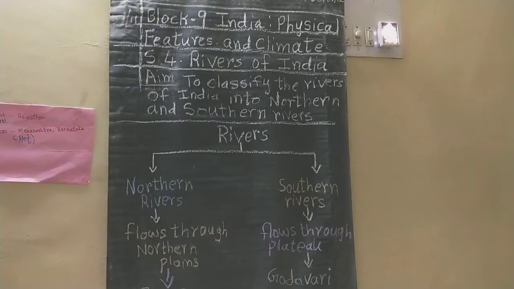You know, I showed you the plains, and finally mixes into an ocean or sea. Okay. Now, most of the rivers of the northern states originate from the Himalayas. It starts from the Himalayas. Then they move to the plains where they are joined by many other rivers.